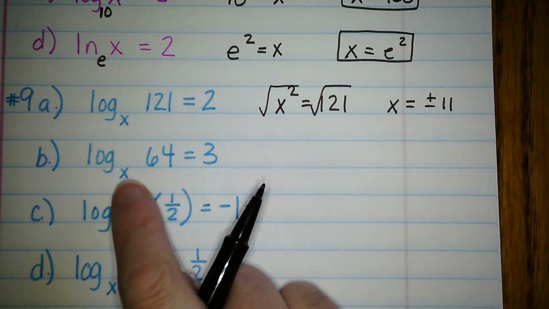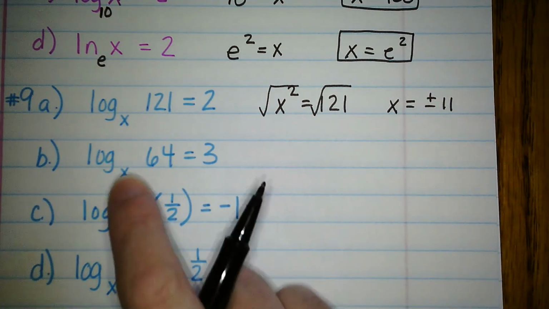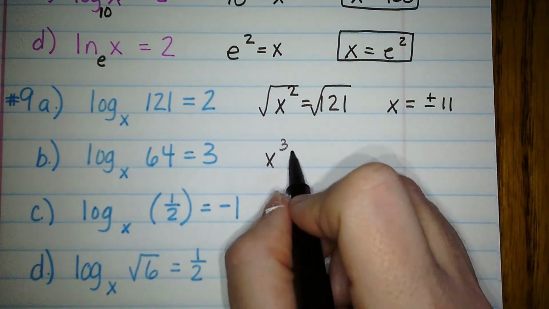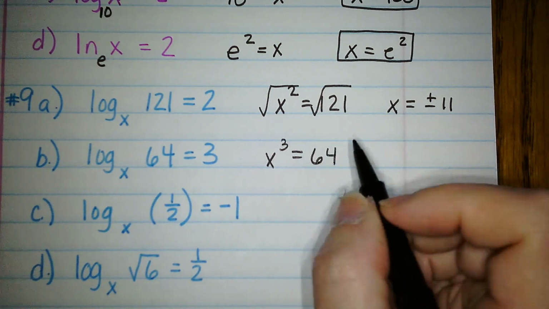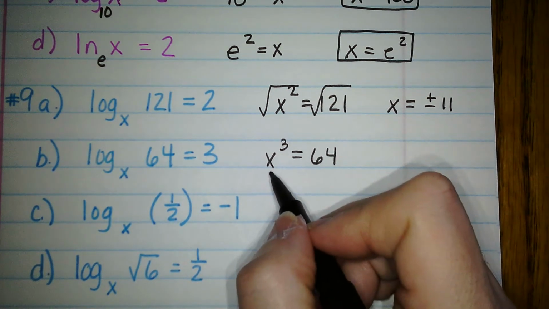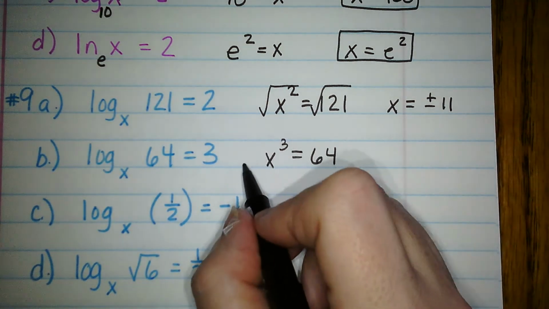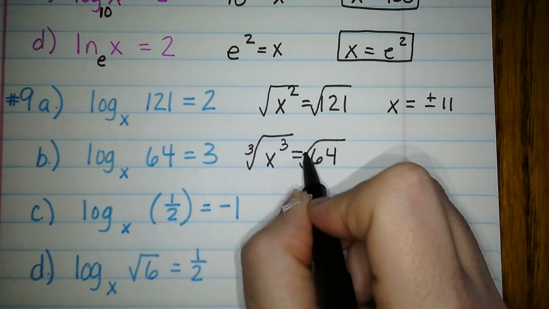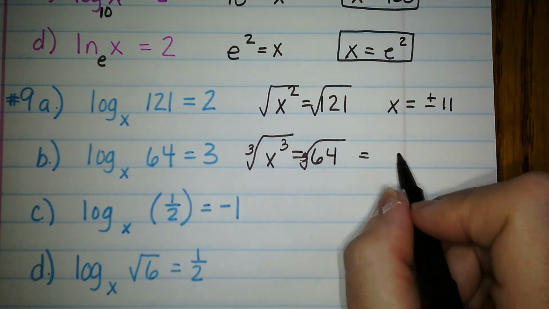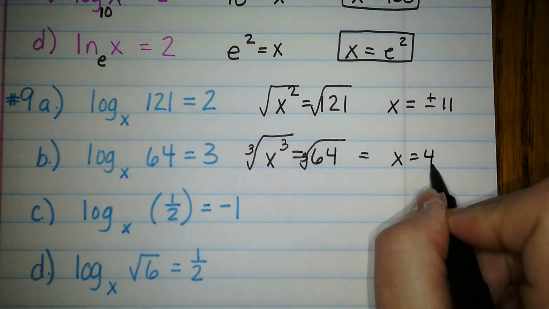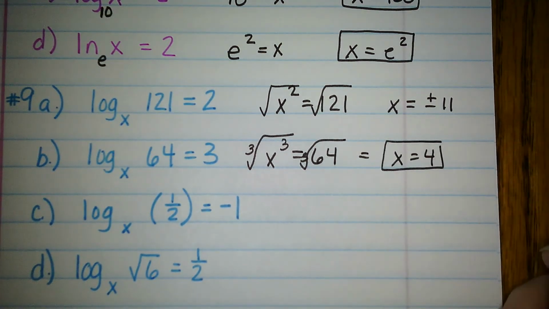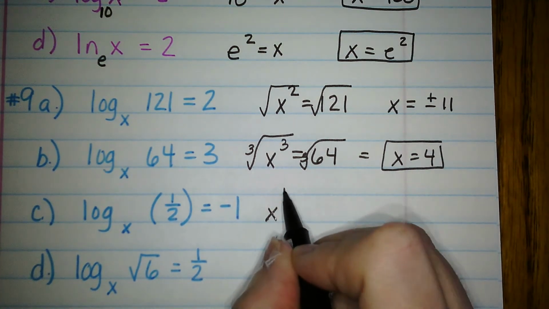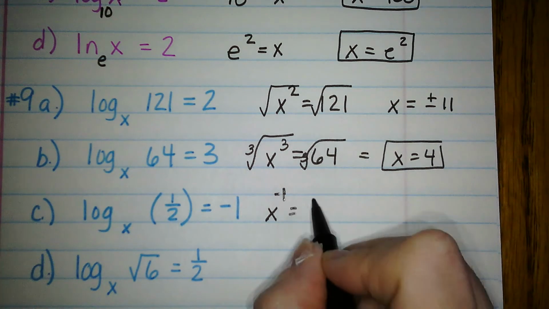In this case, we've got x as our base. Exponent is 3, 64. Taking the cube root of both sides. The cube root of 64 is 4. This is x to the negative 1 equals 1/2.